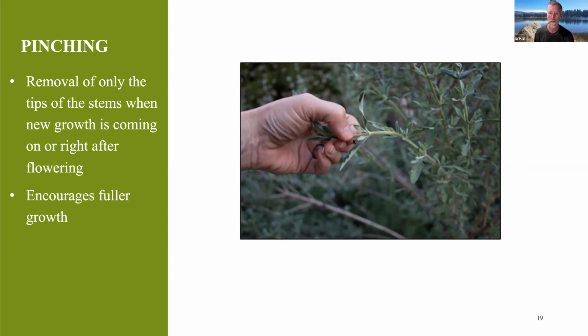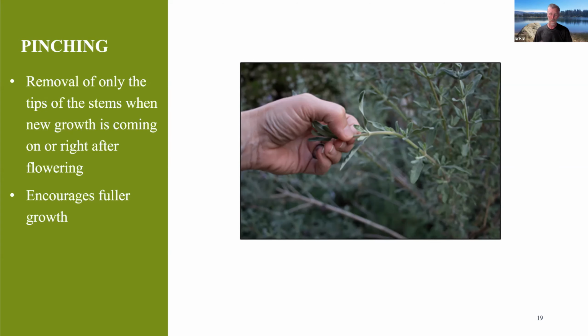You go back to a node, you choose a node depending on how far back you want to go, and you clip maybe not right where his finger is, but they say about 1/4 of an inch from that node. Then you're not going to have this dead stick sticking out. And then you'll get branching off here of this salvia, and it will create a more dense canopy for the salvia.